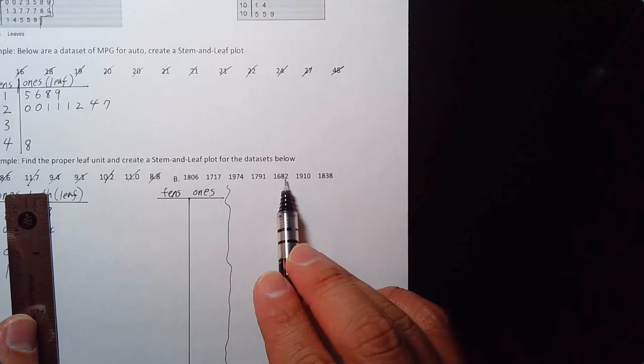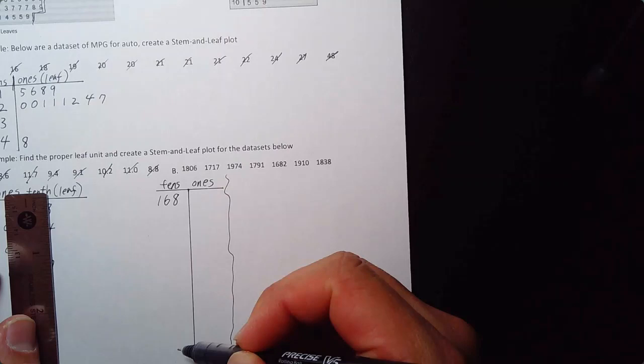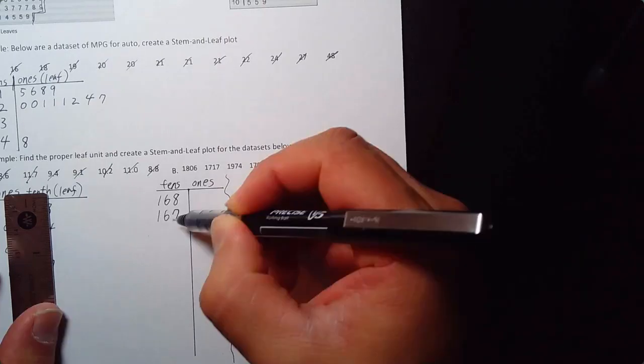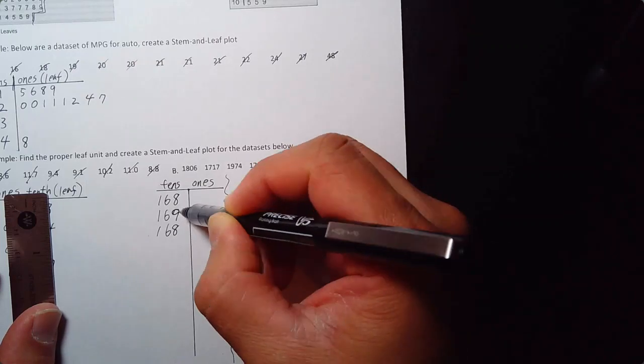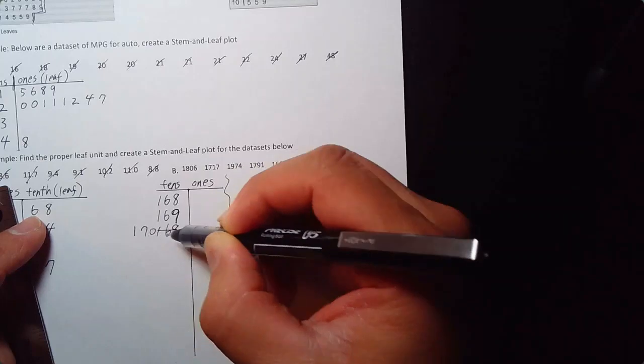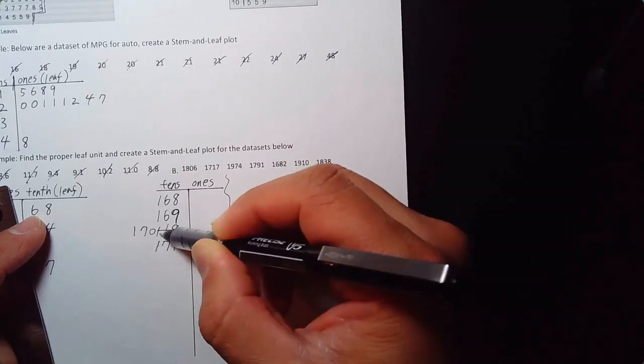Now once I set that in, how do I write the rest of my stem? Next will be 168, 169, 170, 171, and so on. How far do I go?